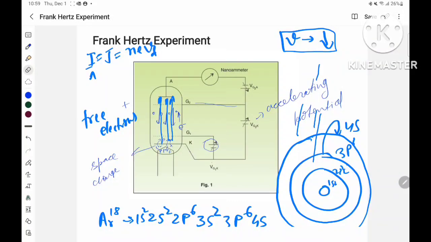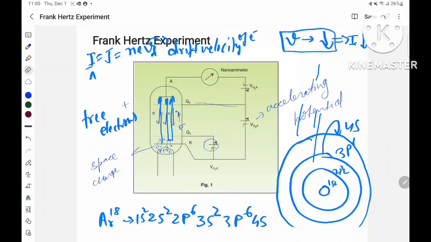J = NeVd, where Vd is the drift velocity of electrons. So once the drift velocity goes down, the current basically goes down. So V goes down implies I goes down.